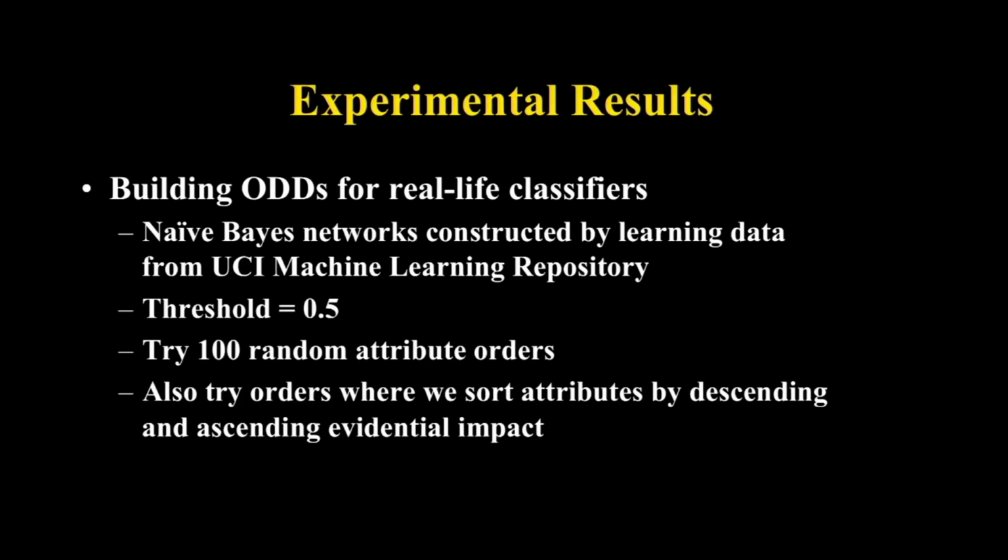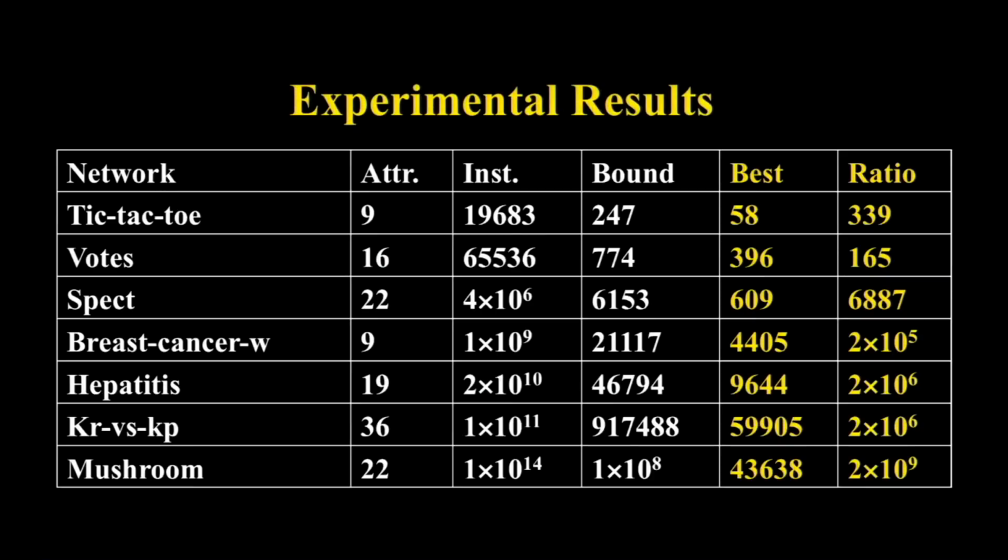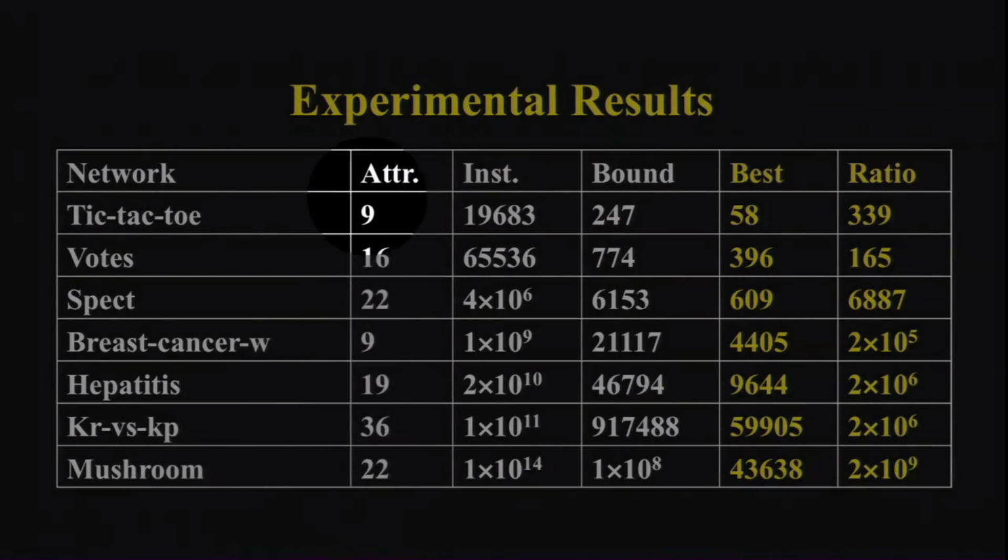I'll show you some experimental results from naive Bayes classifiers from the UCI machine learning repository, and the threshold used here was a half. You have to realize also that the size of the OBDD depends on the order that was used, so different things were tried as far as how to order the variables. And here's the sense of what's going on. This is the number of attributes, but these are not binary.